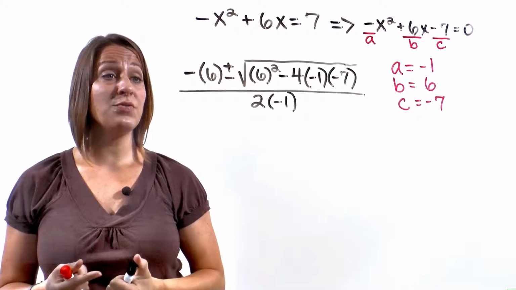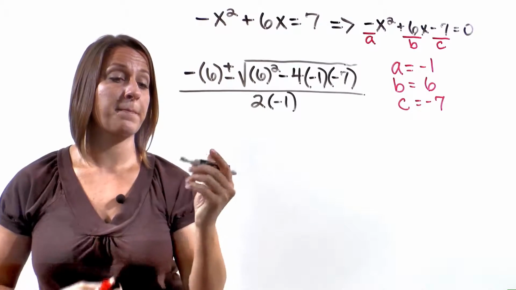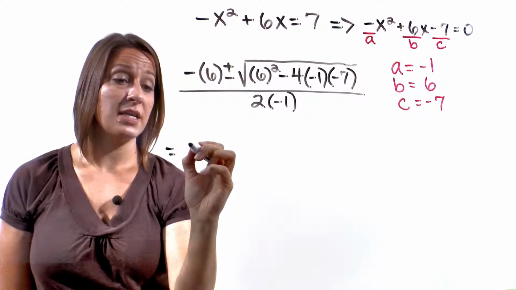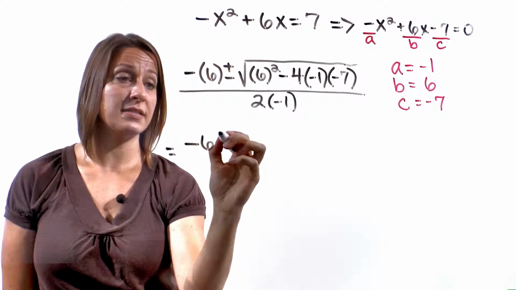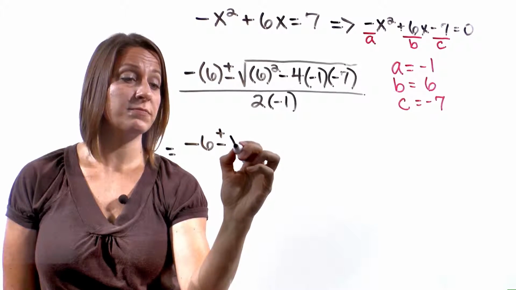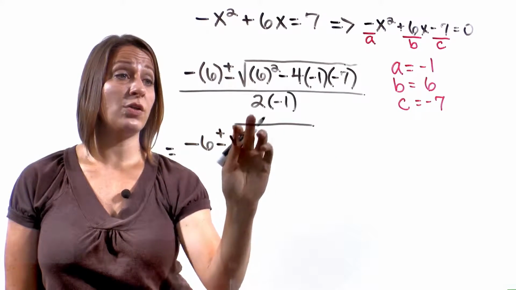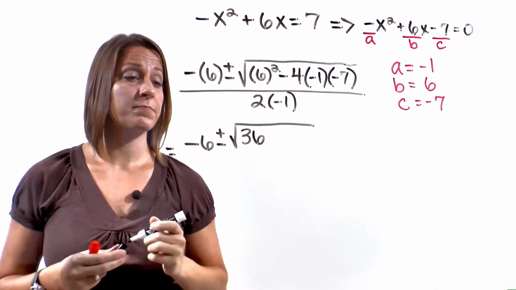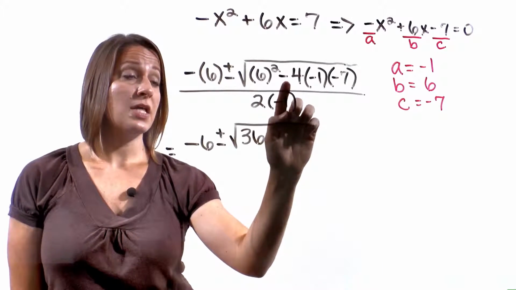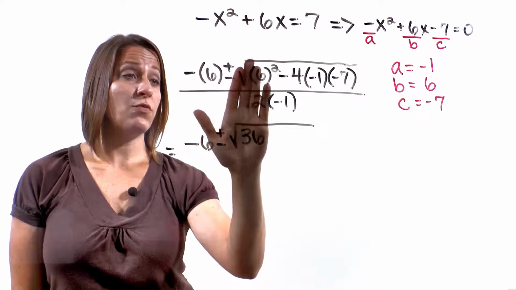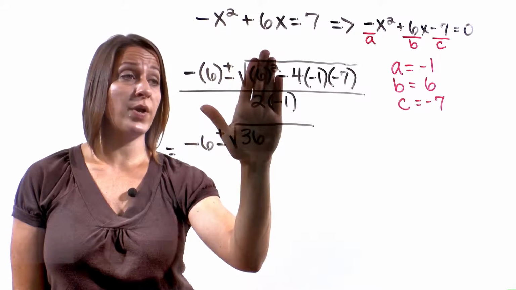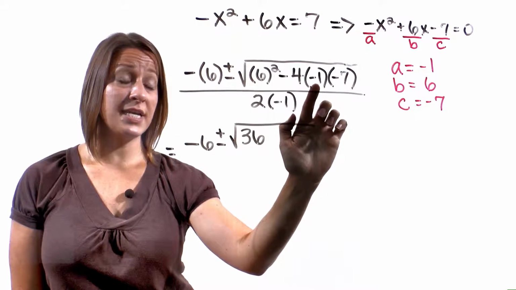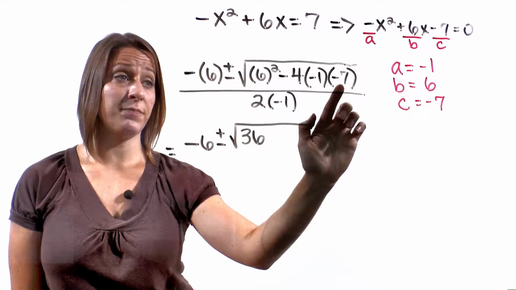Okay, so let's go through this and clean it up a little bit. Right here, we can drop the parentheses around 6, and we'll just call this a minus 6, plus or minus. Inside of our radical, we have 6 squared, which is 36. Over here, let's be careful on this multiplication. If we cover up our 6 squared, we have really negative 4 times negative 1 times negative 7.